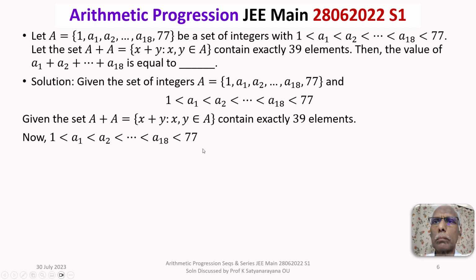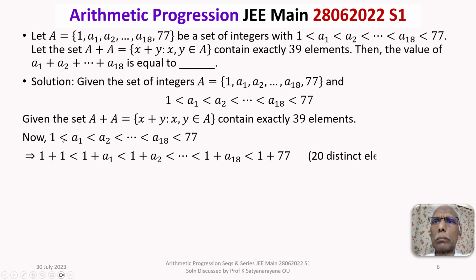To each integer, add 1 throughout. That is 1 plus 1, less than 1 plus a1, less than 1 plus a2, less than etc., less than 1 plus a18, less than 1 plus 77.